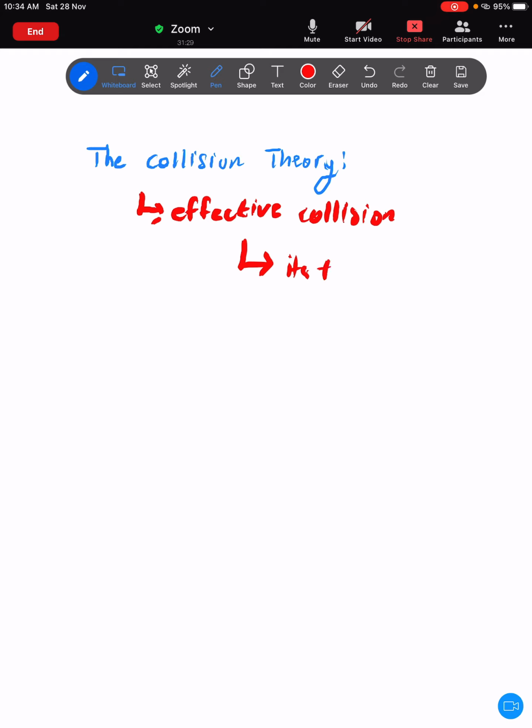It's the collision that causes a reaction.